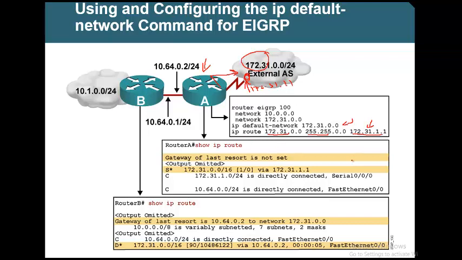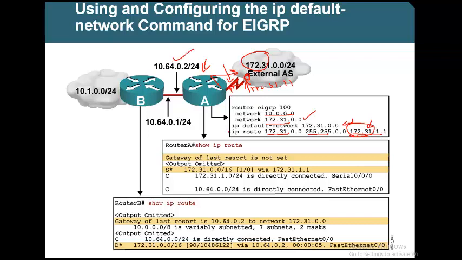You need to have a static route to your ISP from router A, and then you advertise this network that is connected to the ISP. This is the network, 172.31 is running here. You advertise it in EIGRP. And this network will run EIGRP here.